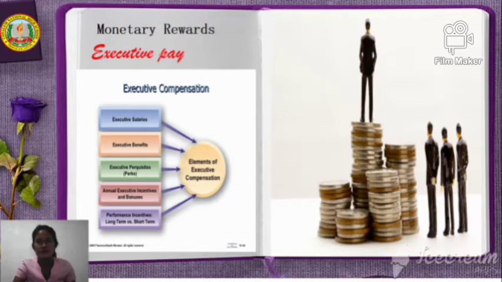So we have here executive salaries, executive benefits, executive perquisites or perks, annual executive incentives and bonuses for the bosses and the presidents, performance incentives, long-term versus short-term, or any incentives. So they also have their own compensations. They will also be provided. They also have their salaries. So when we're talking about executive pay, these are the pays for the executives. Okay. So here are the employees and of course the employer.